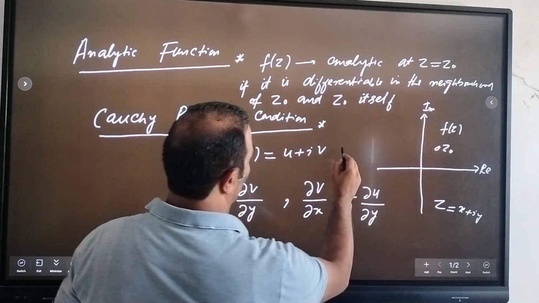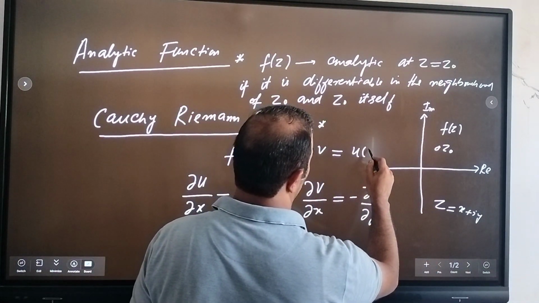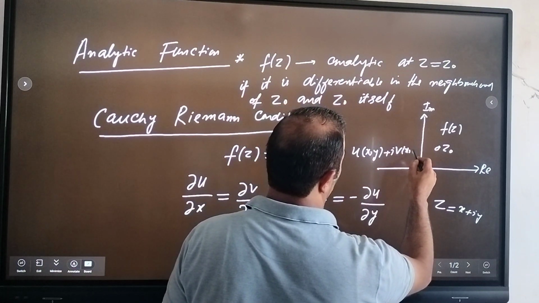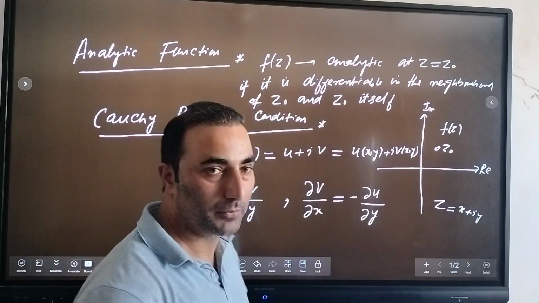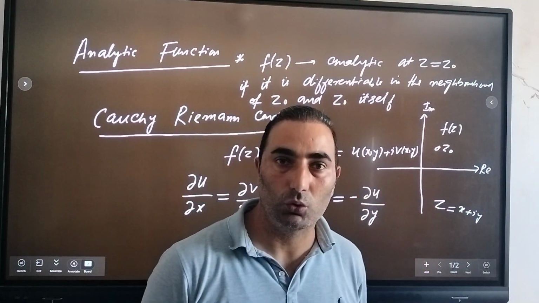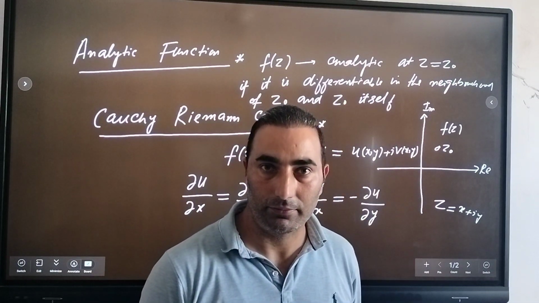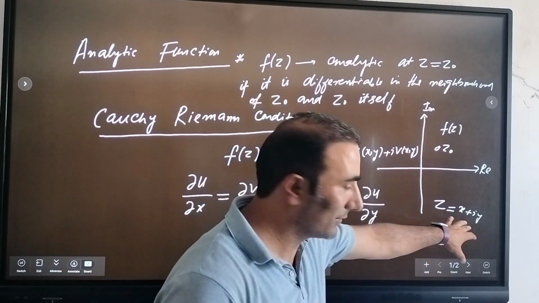So f of z can be written as u of x, y plus iota v of x, y, because these are functions of the real and imaginary parts of the complex number.